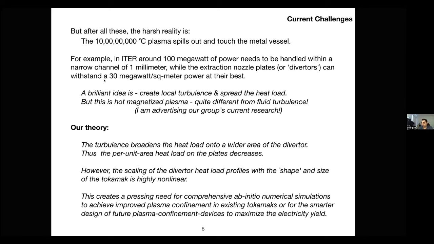It's not the solution, of course. The material science research needs to be done so that we can produce better materials for the diverter. But still, if we can spread it over 5 millimeters instead of 1 millimeter, it will be within the range. Typically, the space available is 5 to 6 millimeters.